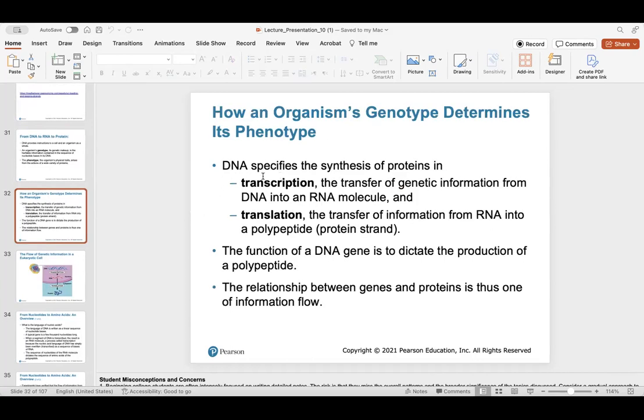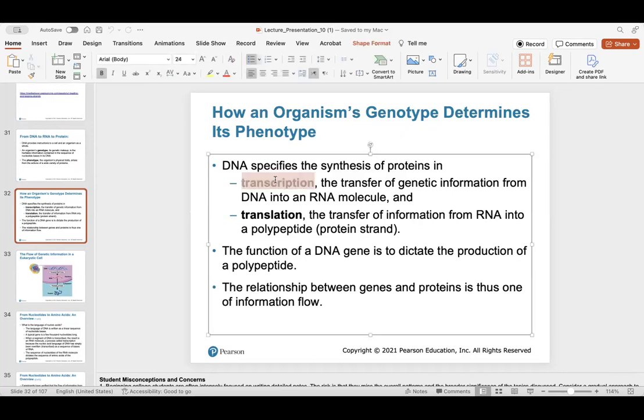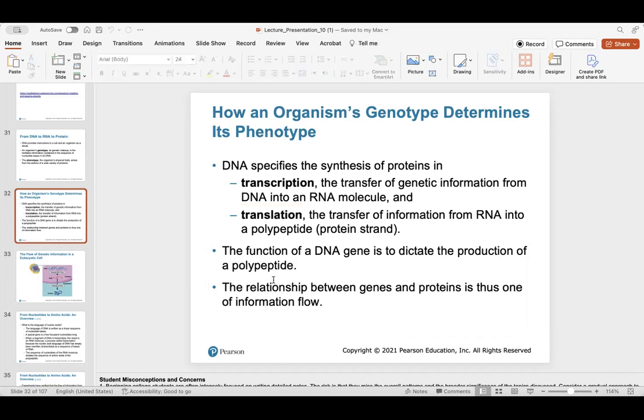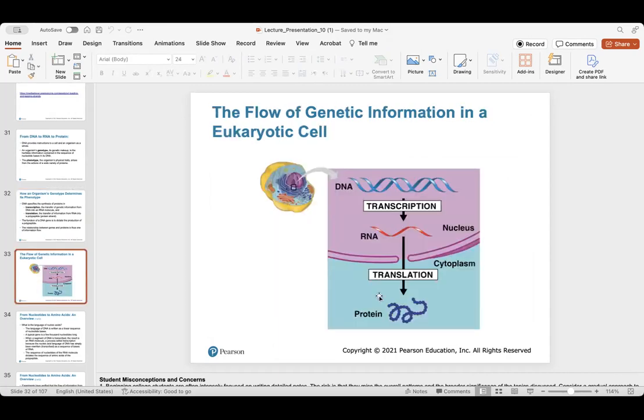So DNA specifies the synthesis of proteins in transcription, which is when it transfers genetic information from DNA into an RNA molecule, and then translation, which is the transfer of information from RNA into a polypeptide or a protein strand. So the function of DNA is to dictate the production of the polypeptide, and the relationship between genes and proteins is thus one of information flow.